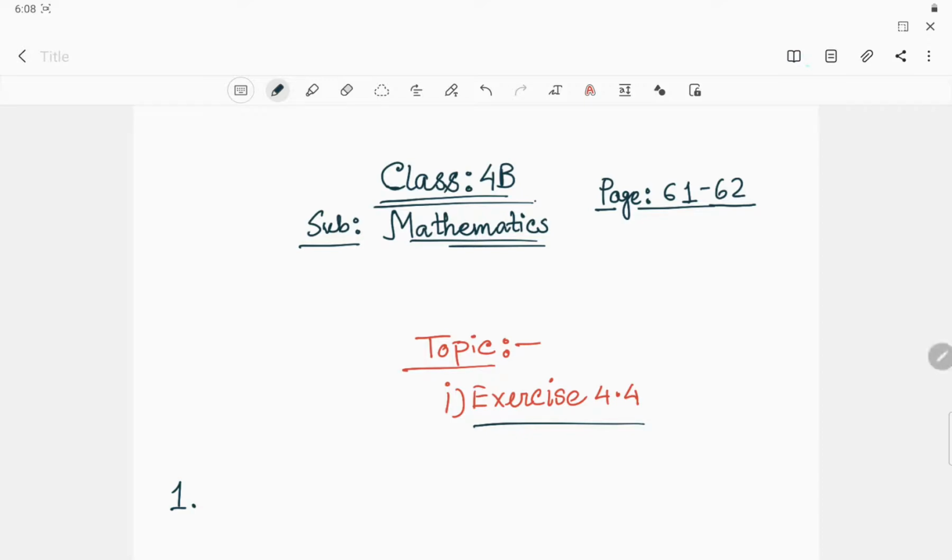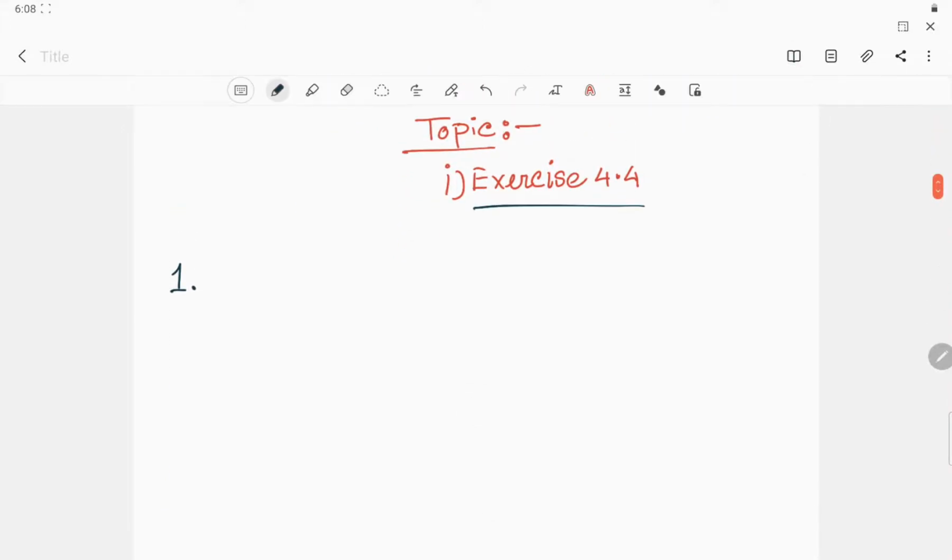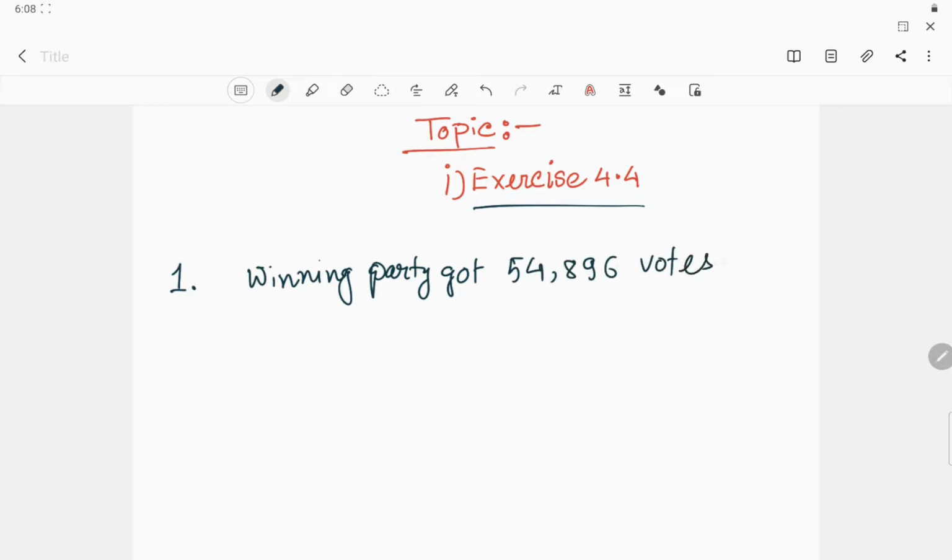So let's start. Question 1 says, in an election the winning party got 54,896 votes, and the losing party got 18,999 votes less.